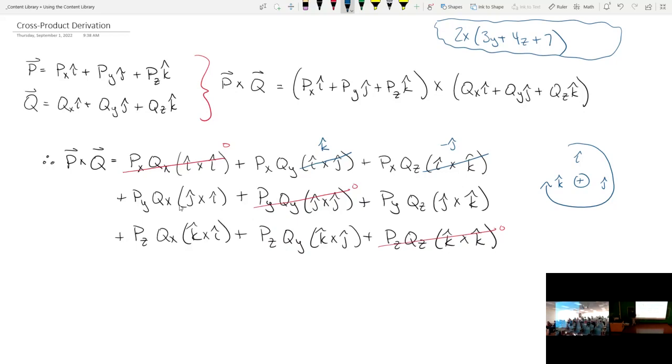Negative K. What about J cross K? I. Oh, that's I. What about K cross I? I believe that's J. K cross J is negative I.